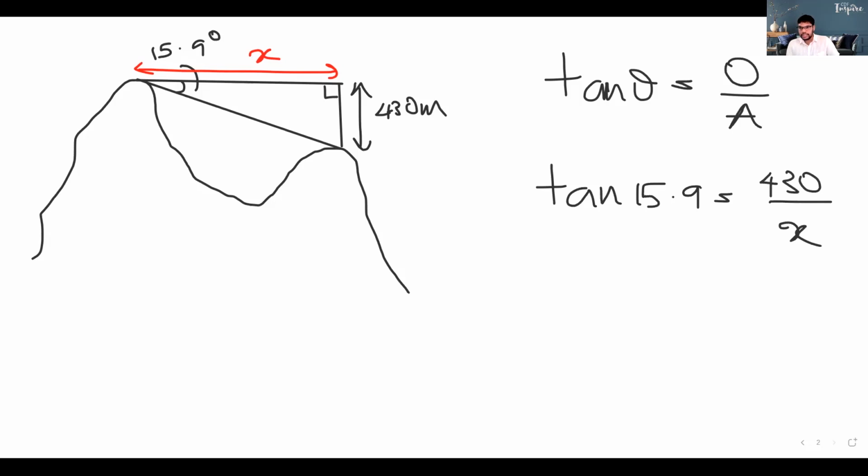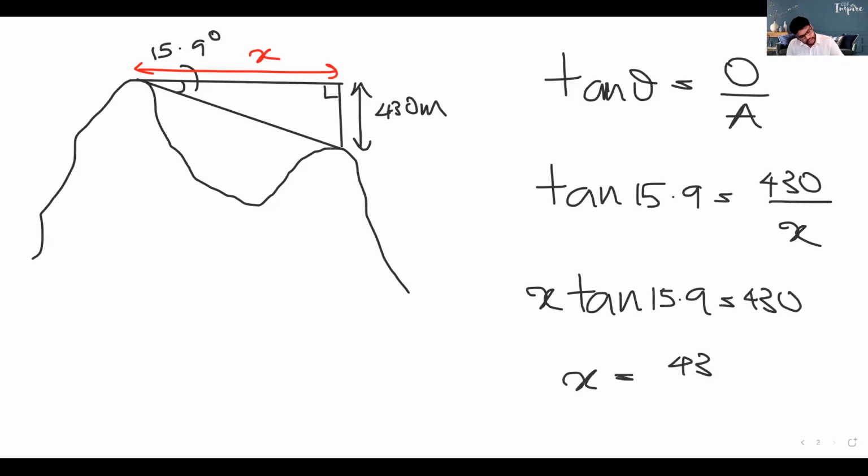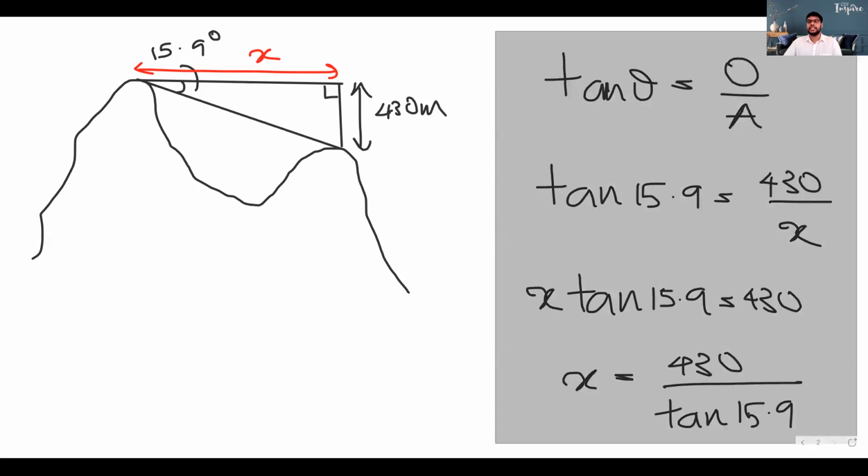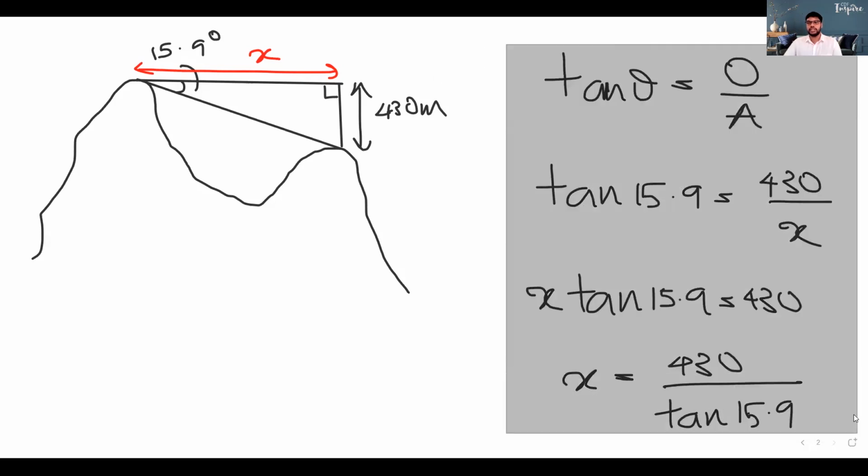So you need to make x the subject. We'll take it to the other side, multiply it with tan, so x tan 15.9 is equal to 430. X is 430 divided by tan 15.9. Do take your calculator and enter this and tell me the answer you get. Check what you get.